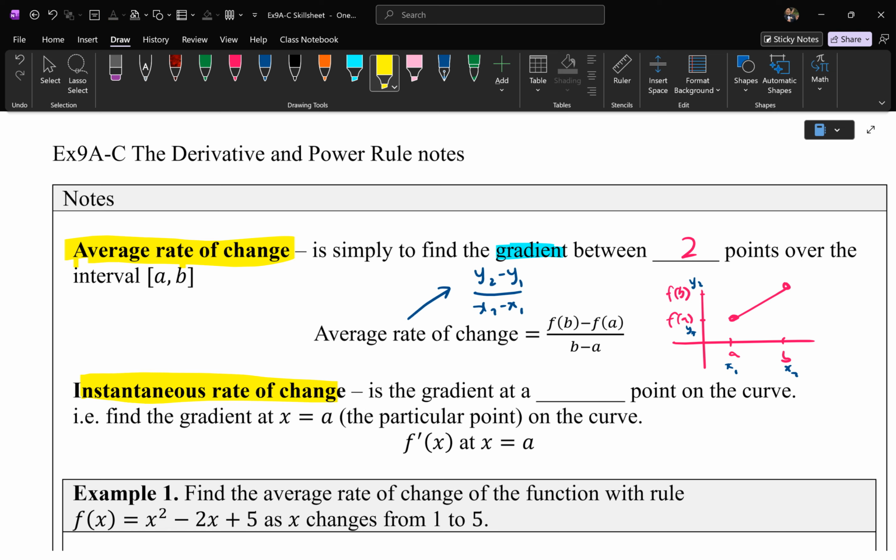instantaneous rate of change. Instantaneous rate of change would have been the first time you learnt it last year. Last year when we introduced this, it is the idea where you find the gradient, but not between 2 points, but at 1 point on the curve.